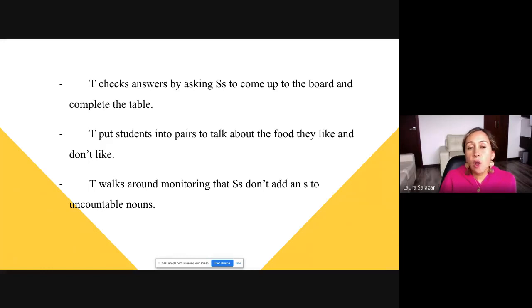Teacher walks around monitoring that students don't add an S to uncountable nouns. So she is not going to interrupt the fluency of the conversation unless the teacher hears that someone is adding an S to uncountable nouns. Then she's going to get into the conversation and try to explain why that is wrong.